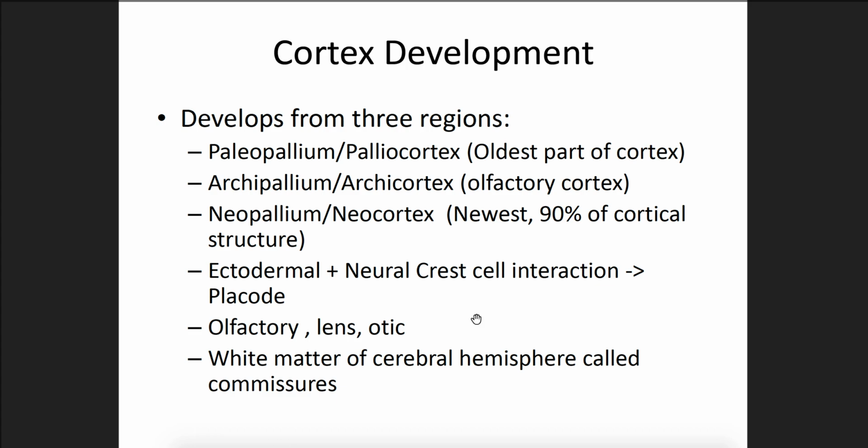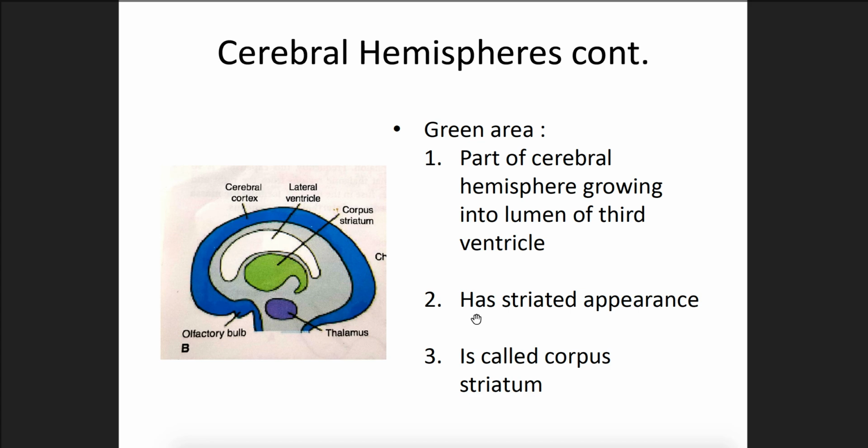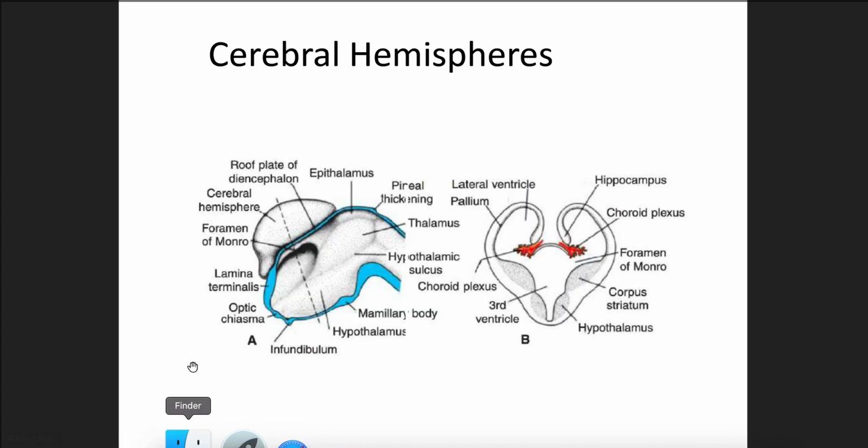So commissure is a term which is used to describe the bundles of white matter in each cerebral hemisphere. And in this regard, the lamina terminalis has an importance because it is sort of like a motorway for these commissures which are going to pass from one hemisphere to the other.